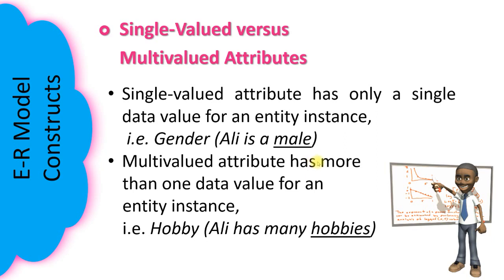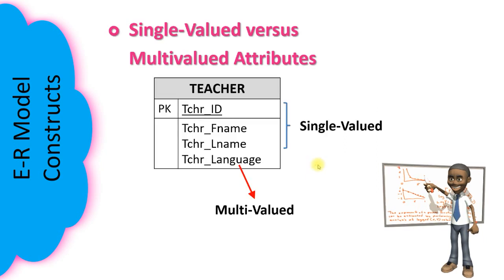Let's see the next example. I still have teacher as the entity type. From here you can see teacher ID, first name and last name are all single valued attributes. Say ID: as a teacher, an instance such as Ali has only one data value for ID.